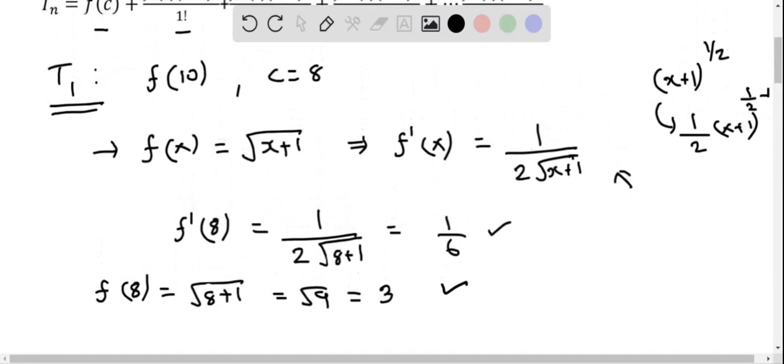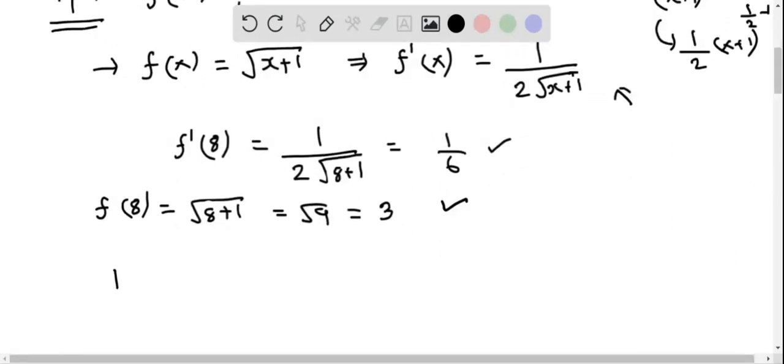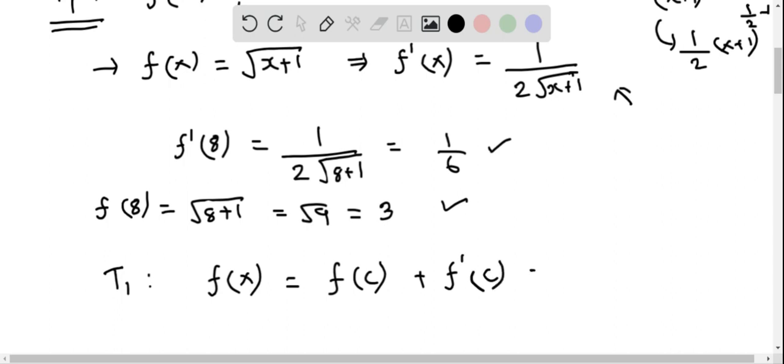So let's first write down T1, which is f of c plus f prime of c times x minus c raised to the power of 1 divided by 1 factorial. Now you can replace c with 8 everywhere I see it.